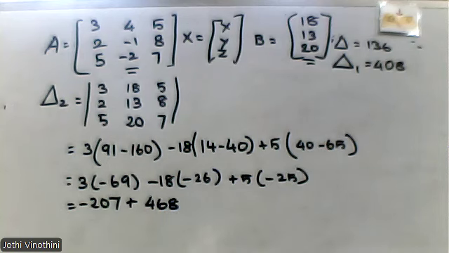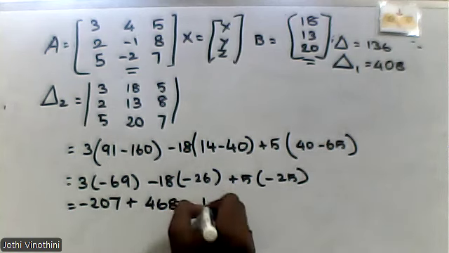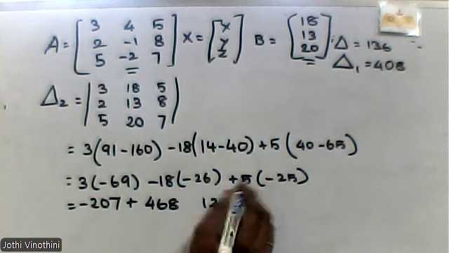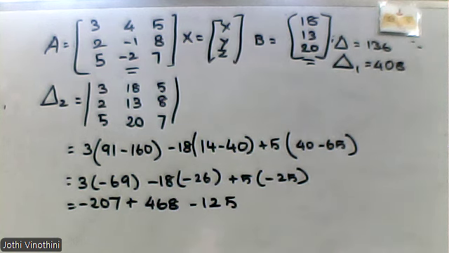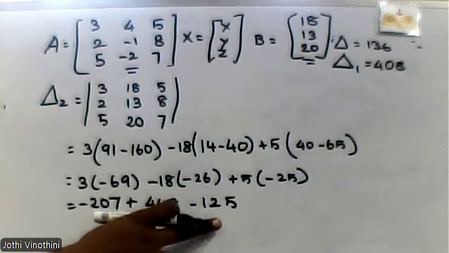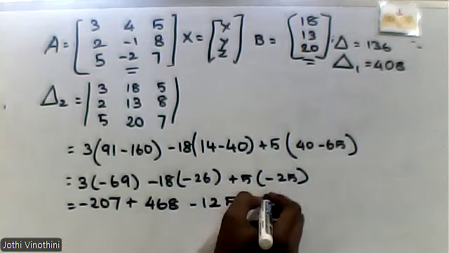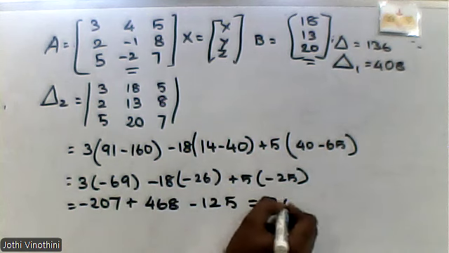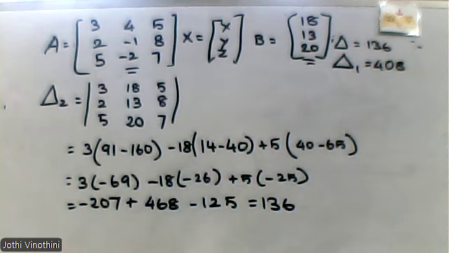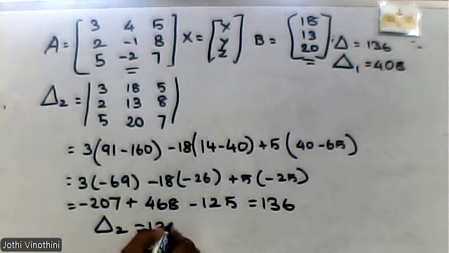And what is 25 multiplied by 5? 125. Here plus, here minus. So it will remain minus, right? Okay. What is the final answer? So the final answer is 136, right? Right. So we find del 2. So del 2 equals 136.